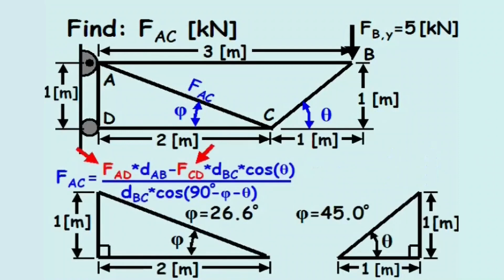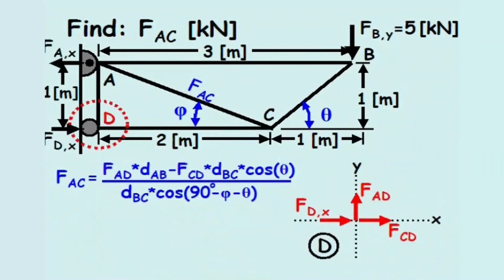We'll next solve for the forces in members AD and CD. To do so, we'll isolate joint D, which includes the horizontal reaction force at point D, F sub DX, as well as the forces in members AD and CD, both initially assumed to be in tension.